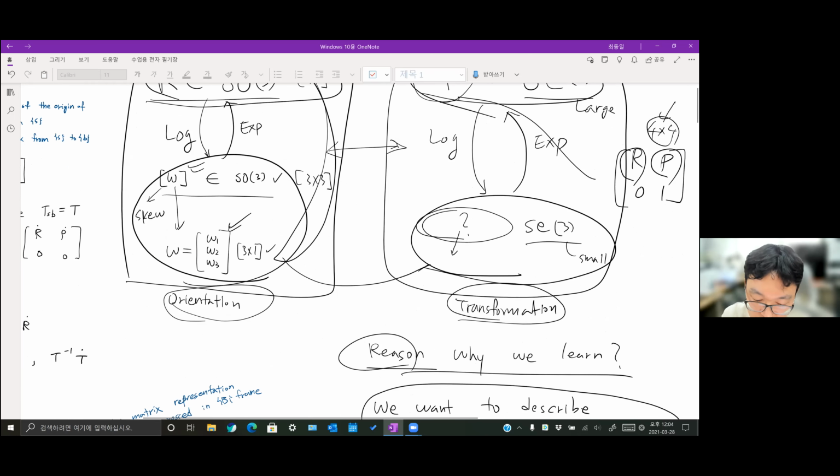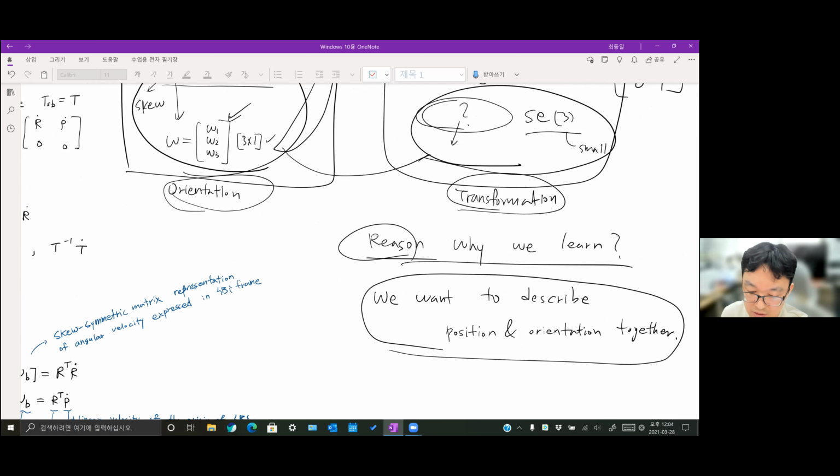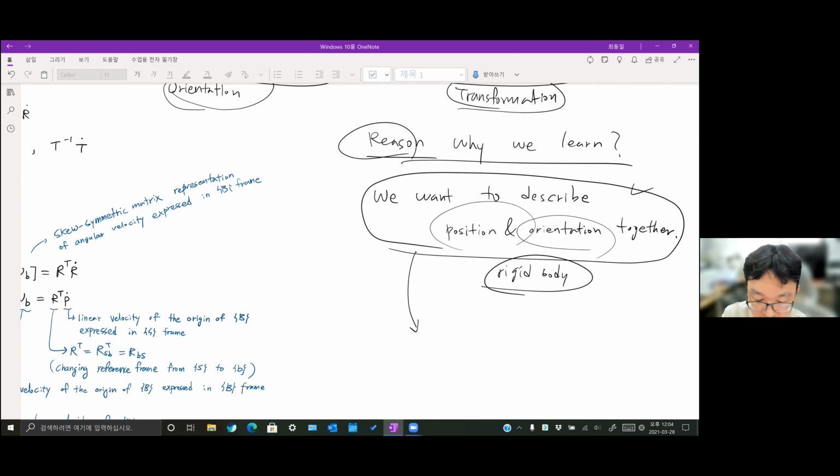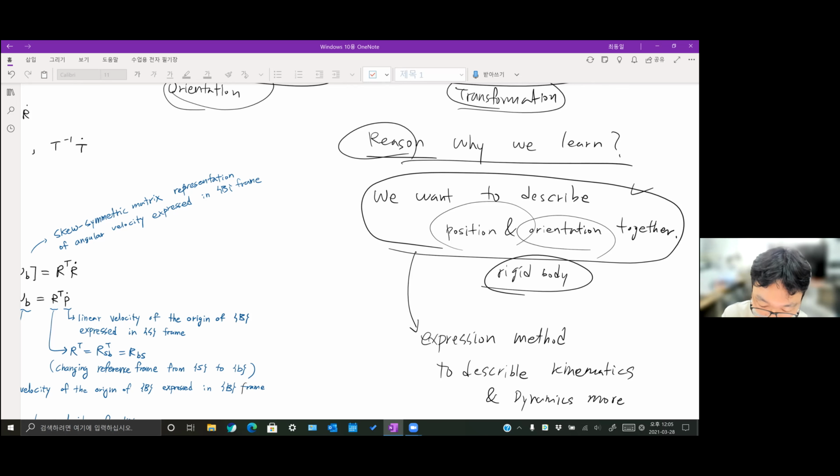But more in the global concept, we want to describe the position and orientation of a rigid body, and using this concept we can derive an expression method to describe kinematics and dynamics more simply.